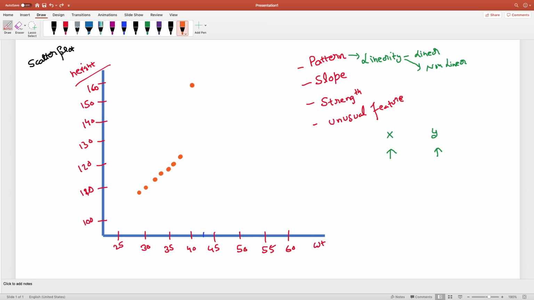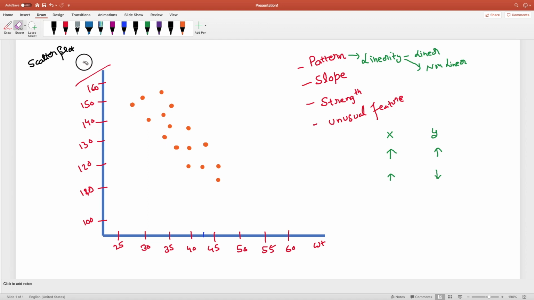But this is not always true, right? So what are the other possibilities? If x is increasing, y is decreasing, which means that our x coordinate will increase over this period of time, but the y value keeps on decreasing. Something like this. Now I'll give you another example for the same.